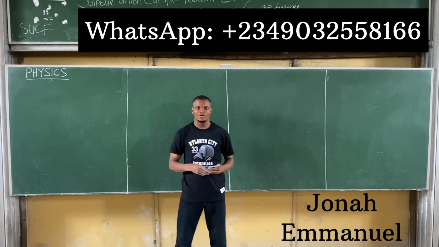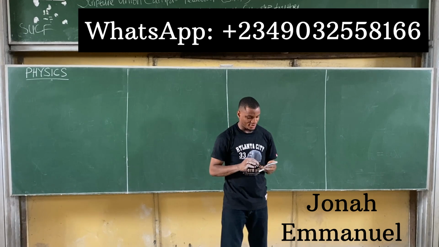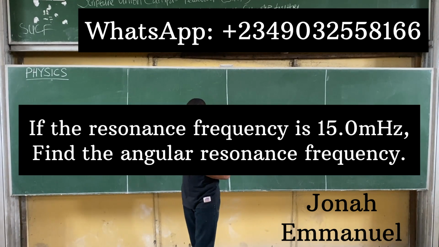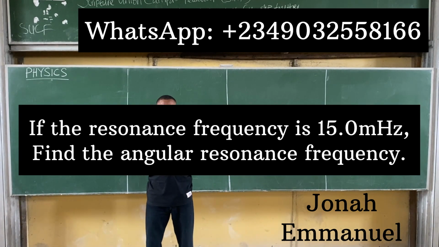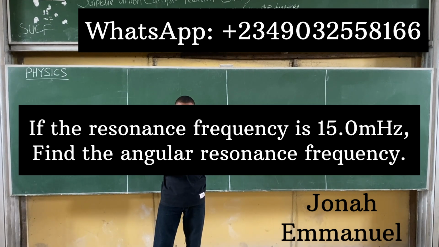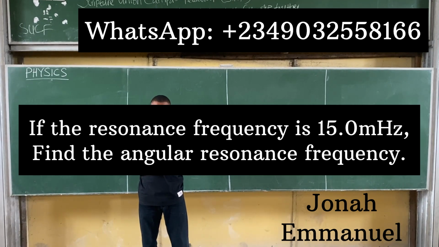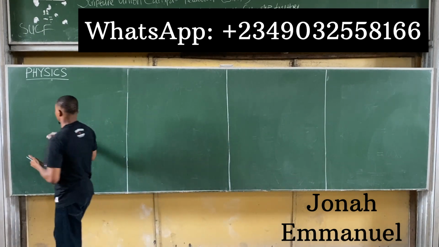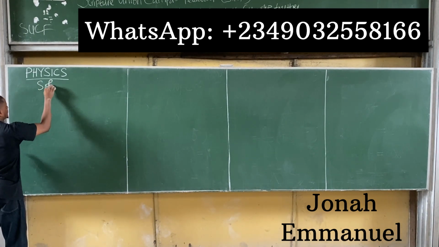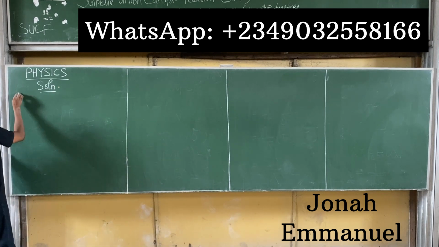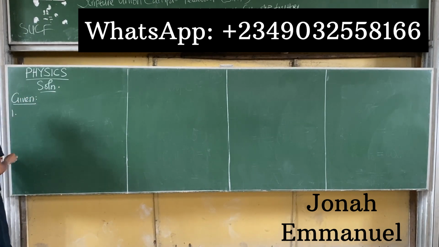All right, so let's look at this question here. This question says, if the resonance frequency is 15.0 millihertz, find the angular resonance frequency. All right, so solution here. So in this case here, we're given, number one, the resonance frequency, that's F naught.